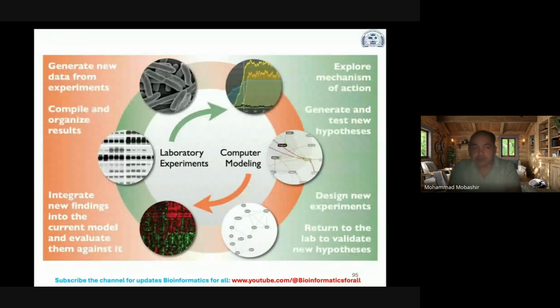For this purpose, you need to integrate the new findings into the current model and evaluate them against it, compile and organize the entire results, generate new data from experiments, and continue repeating this process until your goal is achieved for that particular project or purpose.